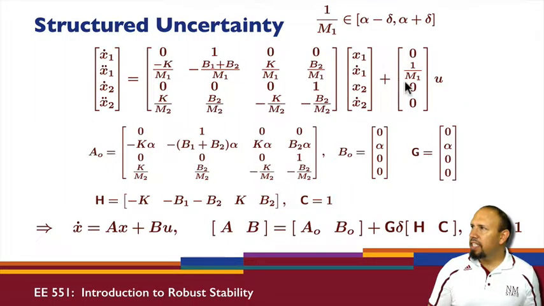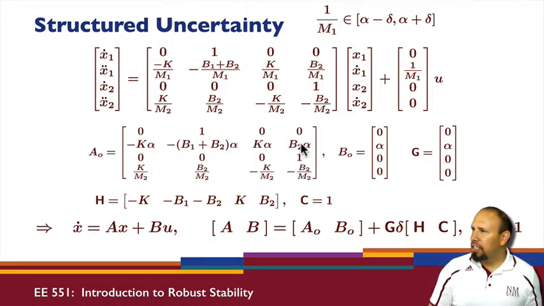Given this system, I can define the nominal value of A. Notice that it just involves alpha, which is the nominal value of 1 over M1. And notice that M2 is not affected here. But alpha appears here and it appears here. Now the H matrix. Notice that each of these terms involves the uncertainty. Wherever we see alpha, we also have a delta there.